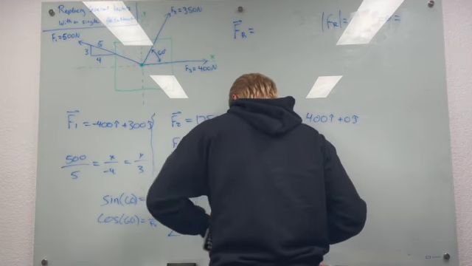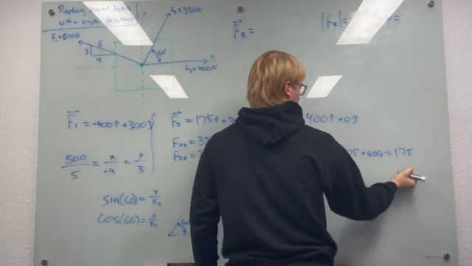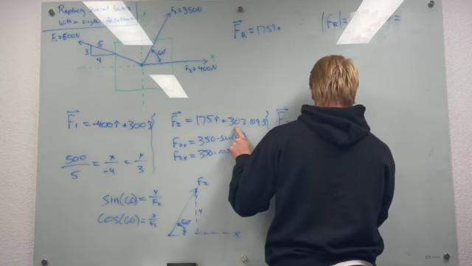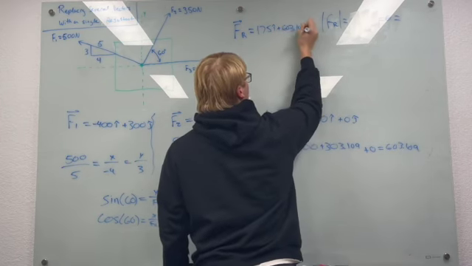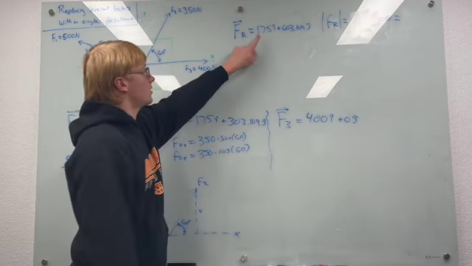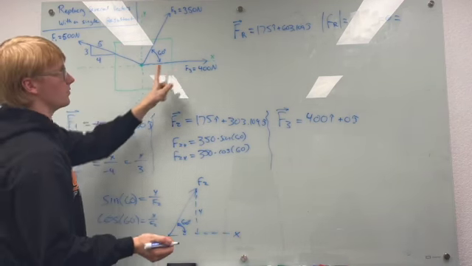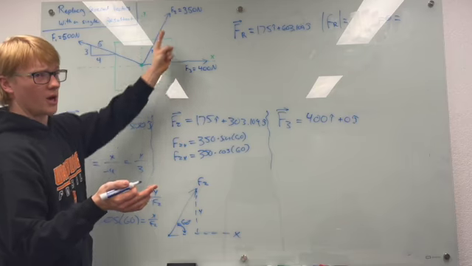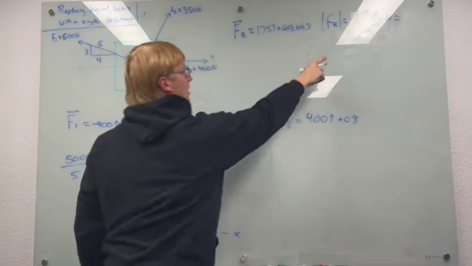So when you add, this tells us that it's going to pull that way 175 newtons and that way about 600 newtons. It doesn't really tell us how much it literally is pulling or which direction it is. That's what those two are going to tell us.